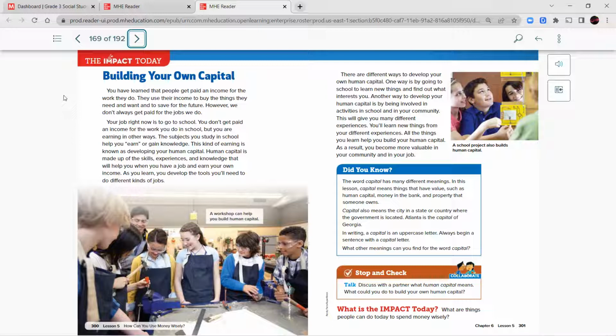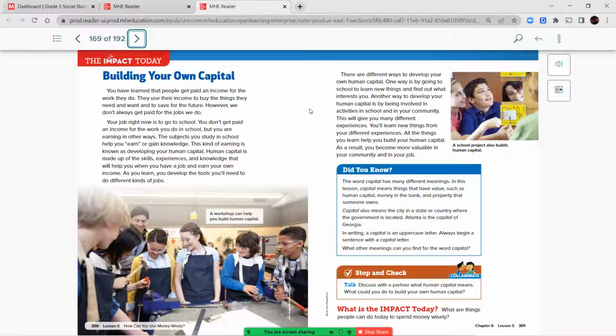The subjects you study in school help you earn or gain knowledge. This kind of earning is known as developing your human capital. Human capital is made up of skills, experiences, and knowledge that will help you when you have a job and earn your own income. As you learn, you develop the tools you'll need to do different kinds of jobs.